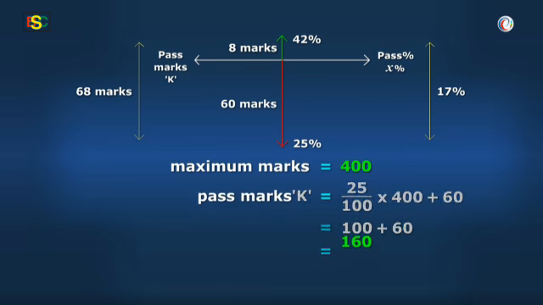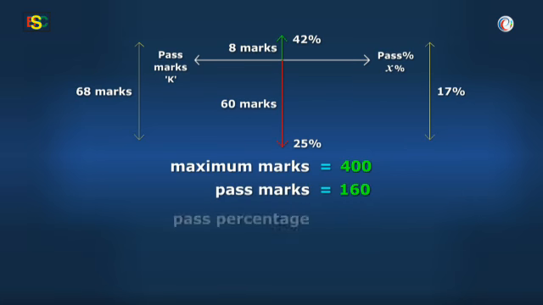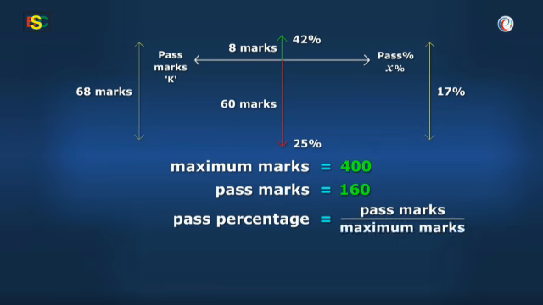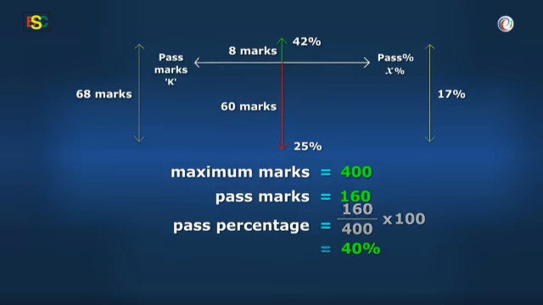And further, we can easily find pass percentage as pass marks upon maximum marks into 100, which is simply 160 upon 400 into 100 equals 40%.